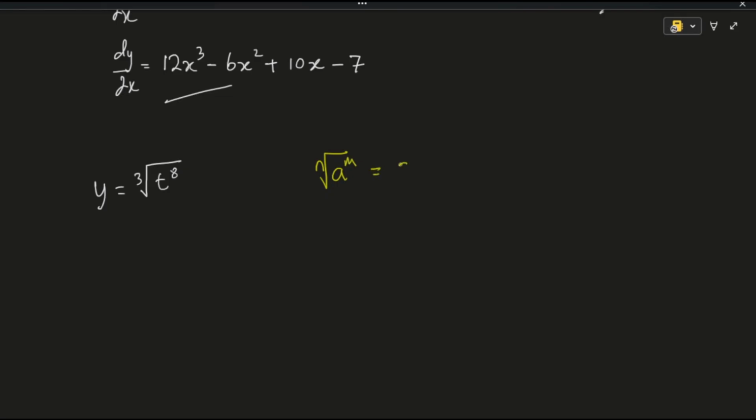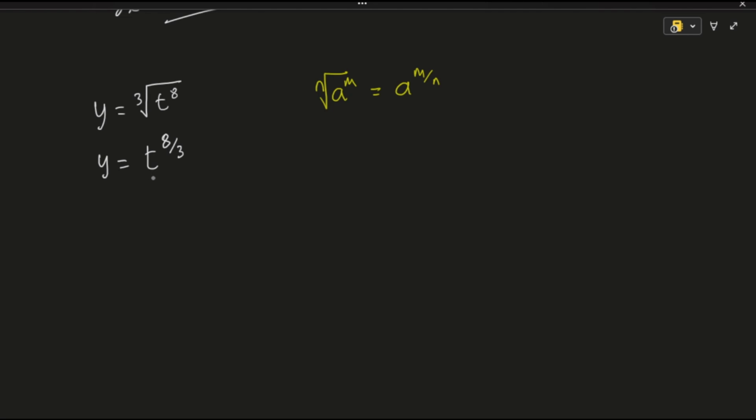So here we would have to make use of this rule and rewrite this expression in the form... and now in this expression, the independent variable is t.